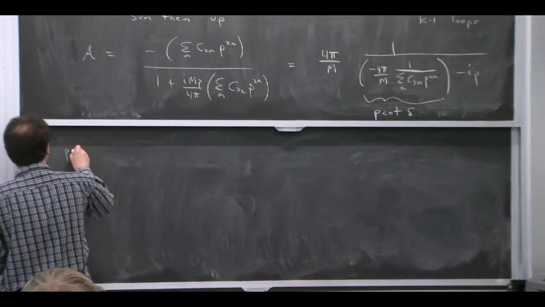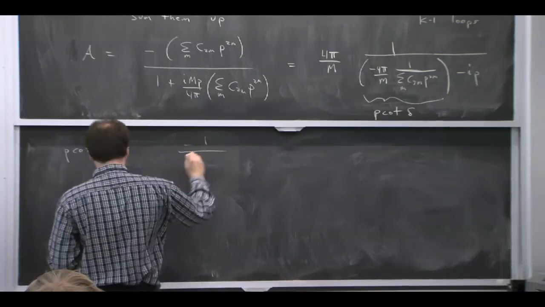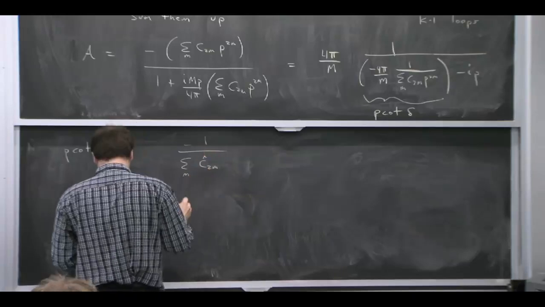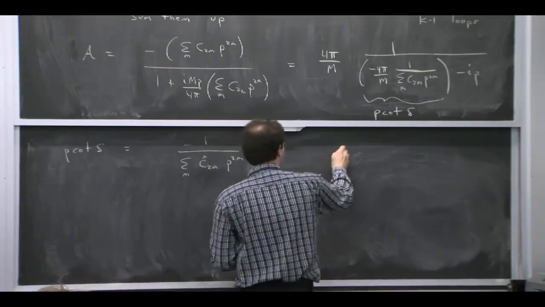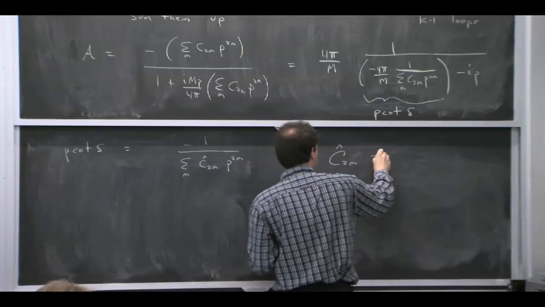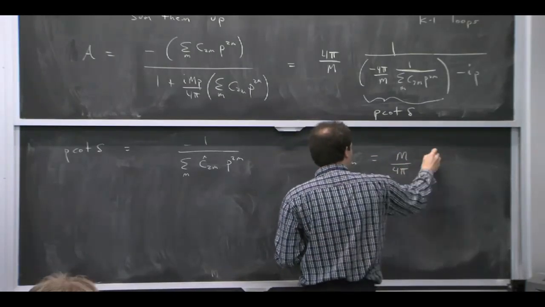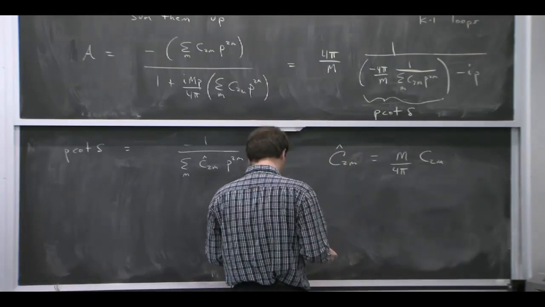Okay, so p cotangent delta from our effective theory, we've calculated it to be the sum over this, p to the 2m, where now I've conveniently defined hatted coefficients, which are the following things. And that just cancels the m that's in the C2m's.